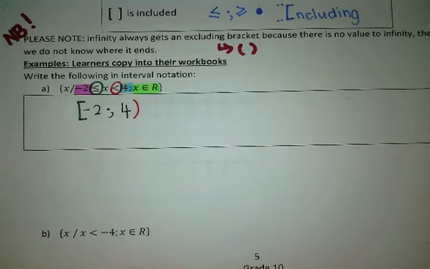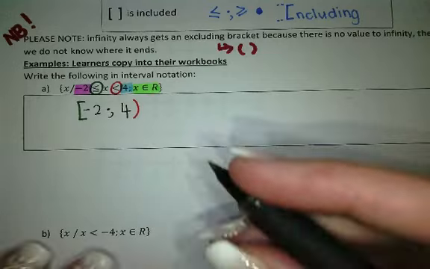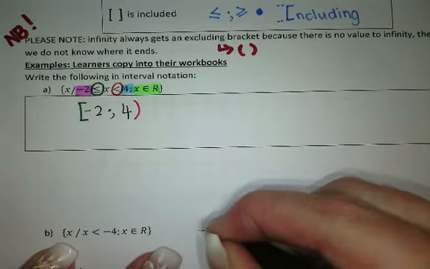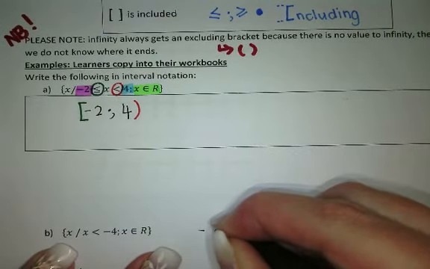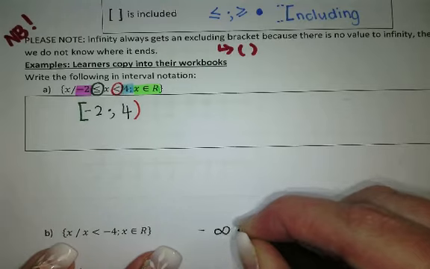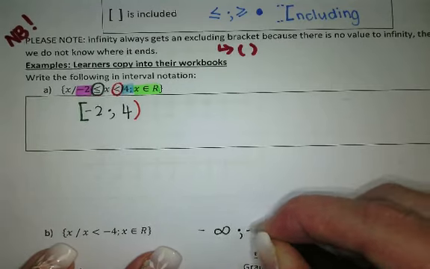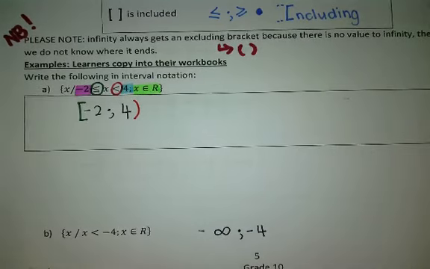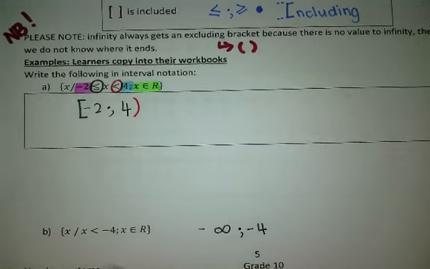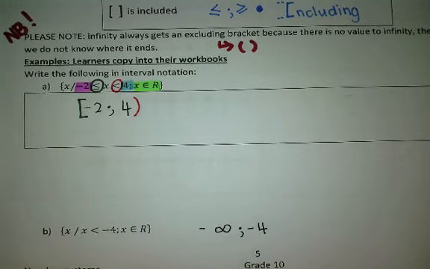So where is it going up until? Not 0, because then you're going towards the positive side. You're going to negative infinity. Okay, you understand? Because it's less than negative 4, it's not telling you where it's ending, which means it goes towards negative infinity. Okay, so we're going to have negative infinity and negative 4. Do you guys understand? You don't understand. Why?